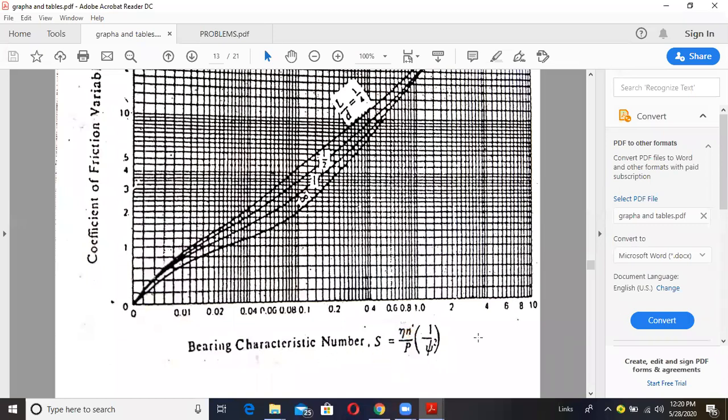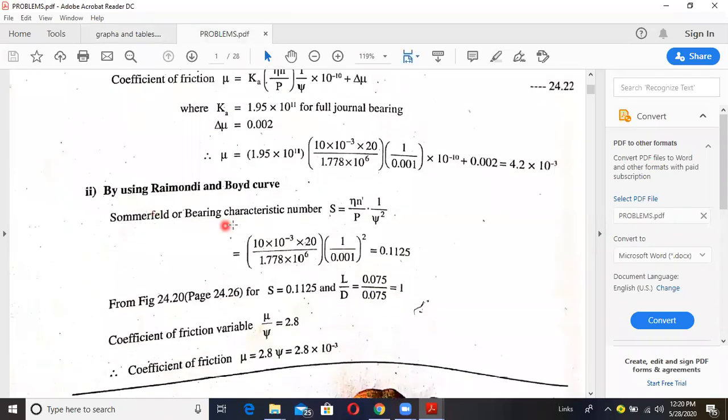Coming to the problem, the Sommerfeld number or bearing characteristic number S, the formula is S equal to eta n dash by P into 1 divided by xi square. Substitute all the values and we get S equal to 0.1125. Another thing we have to calculate is L divided by D. L you know, D you know, so L by D is equal to 1.